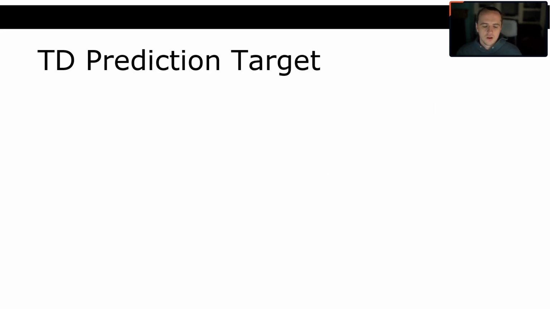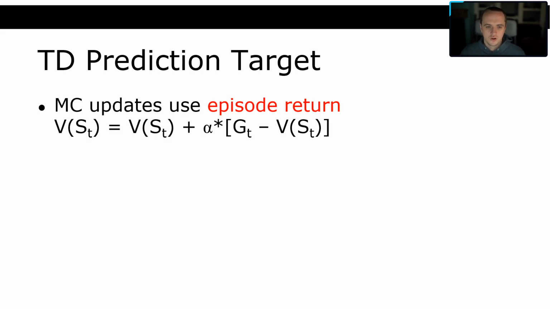So, what is the temporal difference prediction target then? Monte Carlo uses episode return as the prediction target. Remember? We said the value of a state is equal to the previous value of the state plus alpha times the return of the episode minus the previous value of that state.